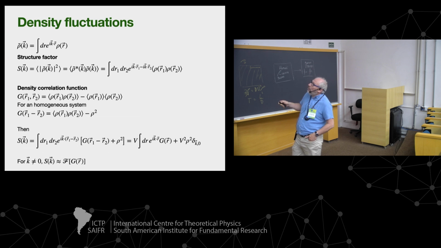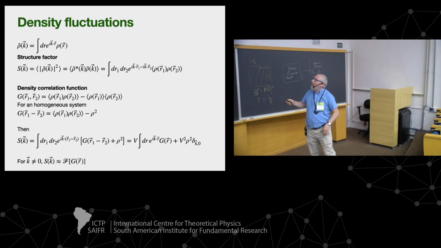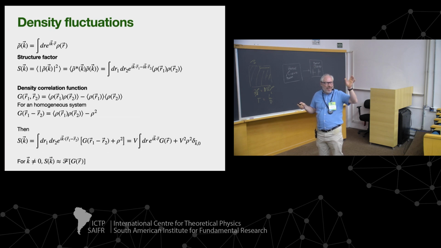So I have 2 rhos, I have to put 2 integrals, but one of them is complex conjugate, so it has a minus sign there. And there are 2 integrals over r1, r2, so you have rho of r1, rho of r2. And it's the average. And the only average that you have to take is over densities because particles are moving all around. Those things are those Dirac deltas that I just discussed, but okay, don't worry.